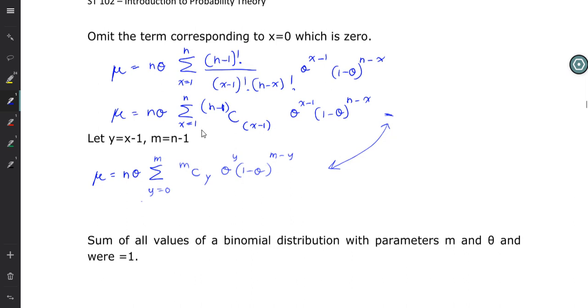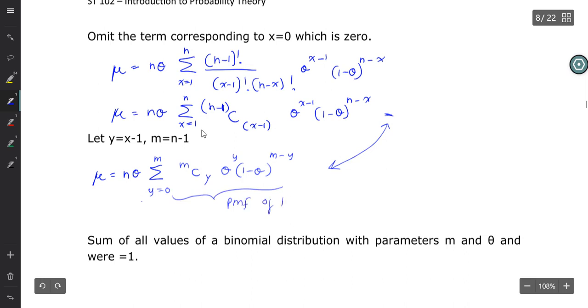Now what do you see here? This is again the PMF of a binomial distribution, where the number of trials is m and the probability of success is theta still.